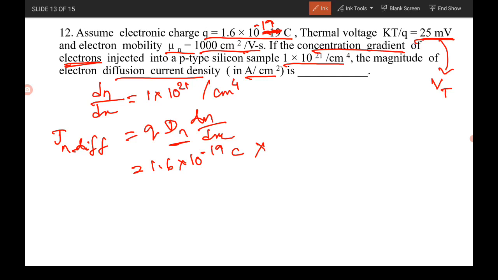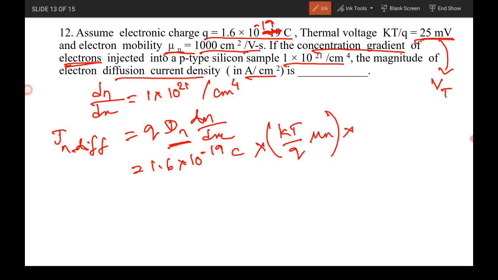Instead of Dn, what is given? Mu n. So here we can substitute. What is the relation between Dn and mu n? Dn is equal to Vt, or kT by Q, times mu n. So we can substitute mu n and kT by Q in place of Dn.